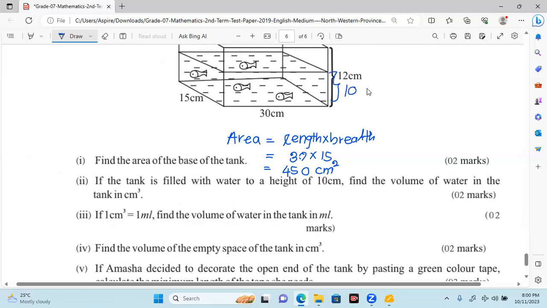Therefore, volume is equal to 30 into 15 into 10. 30 into 15, we know it is 450, multiplied by 10. Therefore, it is 4,500 cubic centimeters.